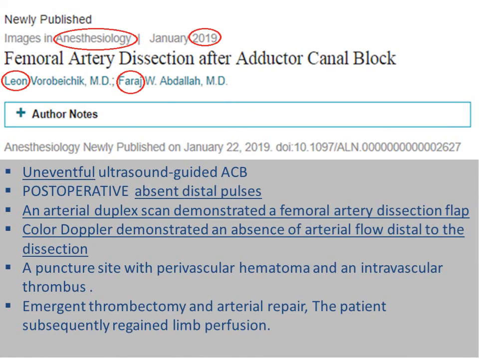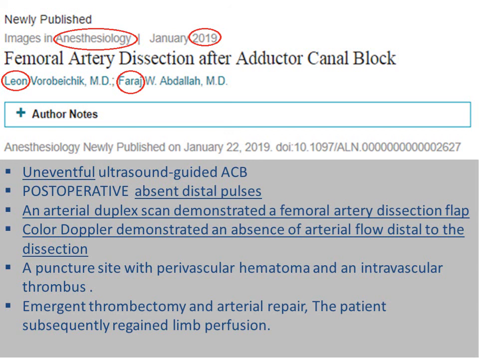To complicate the picture for adductor canal block, in Anesthesiology January 2019, a case report by Farage and Leon from Canada described a case of uneventful ultrasound-guided adductor canal block with post-operatively absent distal pulsation.